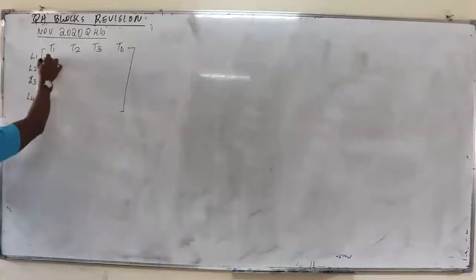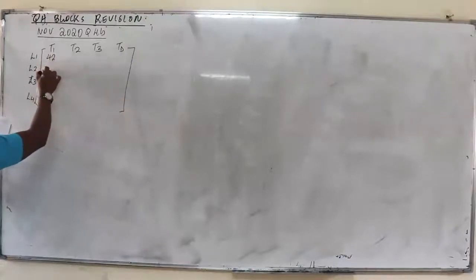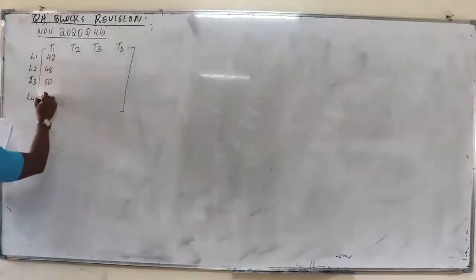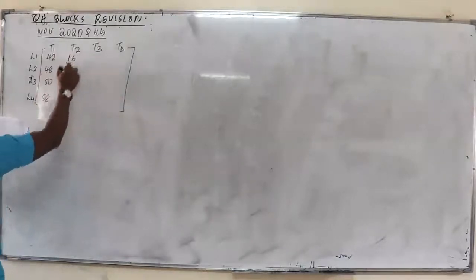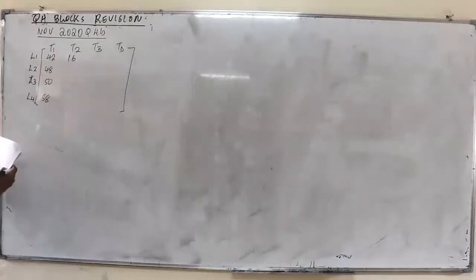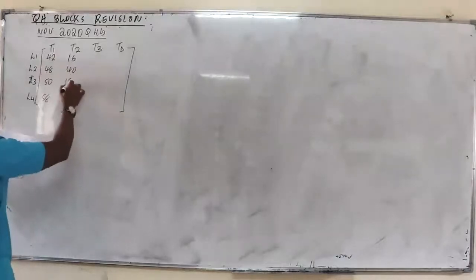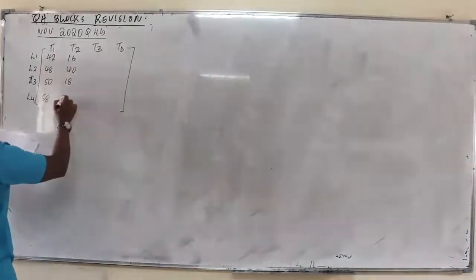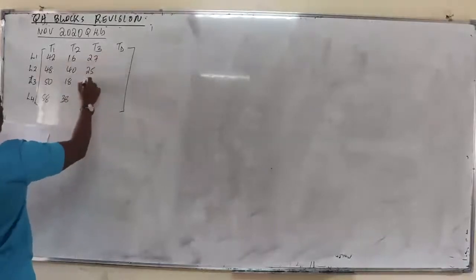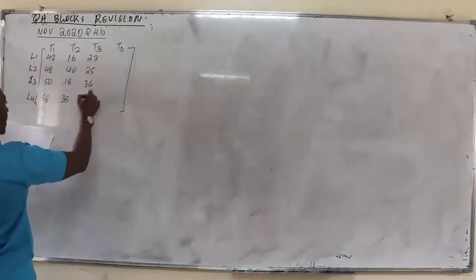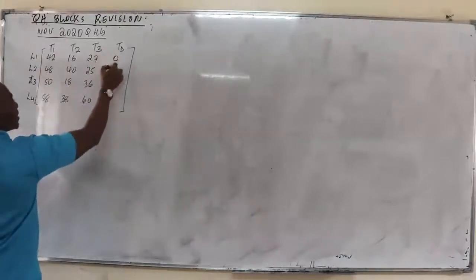So here we have 42, 48, 50, 58. Then we have 16, 40, 18, 38, 27, 25, 36, 16. The dummy is always a zero.